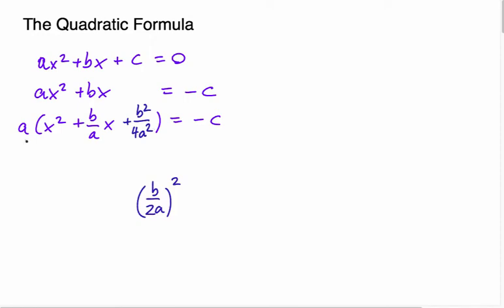And what I just added to that side was a times b squared over 4a squared, which, these a's can cancel, is really b squared over 4a.